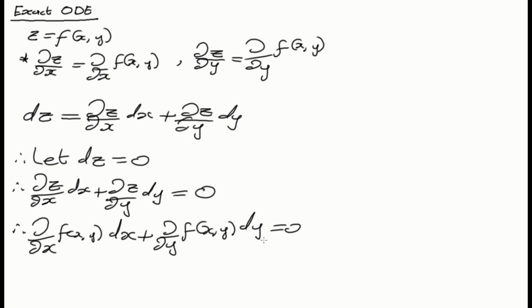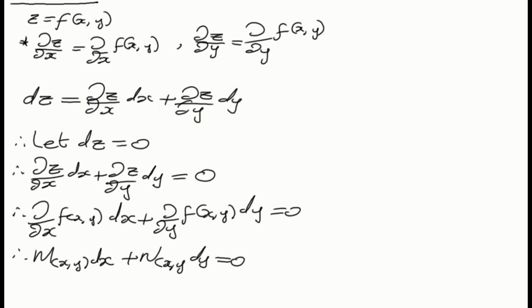Right? I think now we are all appreciating it, but even further, we can have M of xy dx plus N of xy dy is equal to 0.